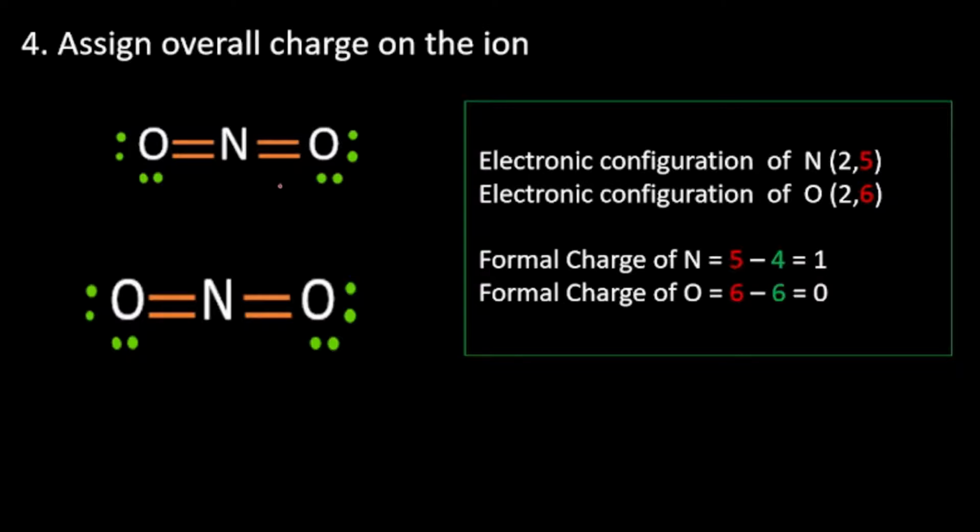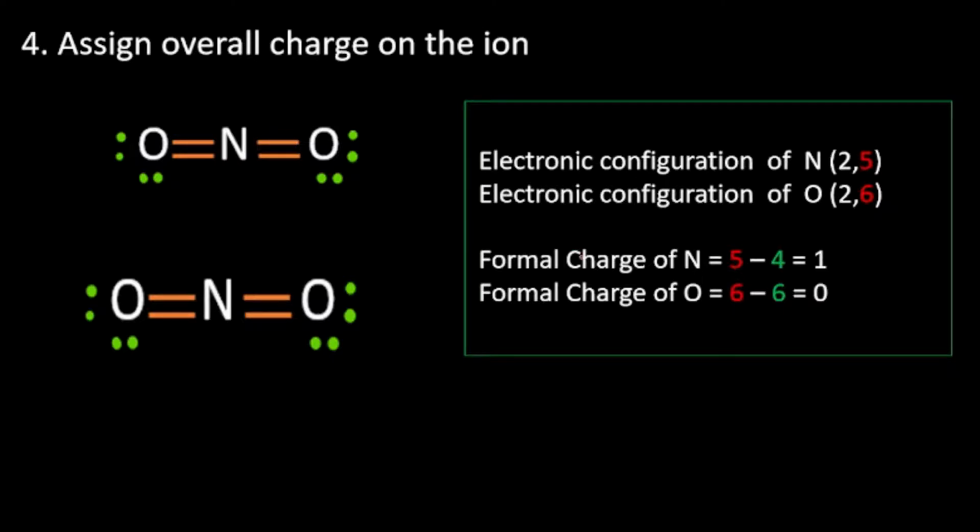Here nitrogen and oxygen are the 2 different atoms. The electronic configuration of nitrogen is 2,5 and that of oxygen is 2,6, and so the number of valence electrons for nitrogen is 5 and that of oxygen is 6. And from the Lewis structure, the electrons assigned to nitrogen is 1, 2, 3, 4.